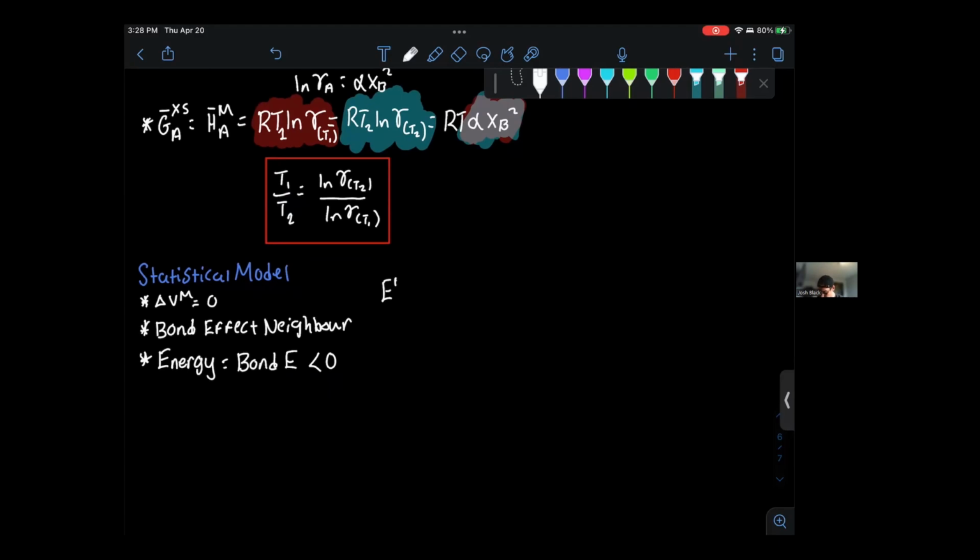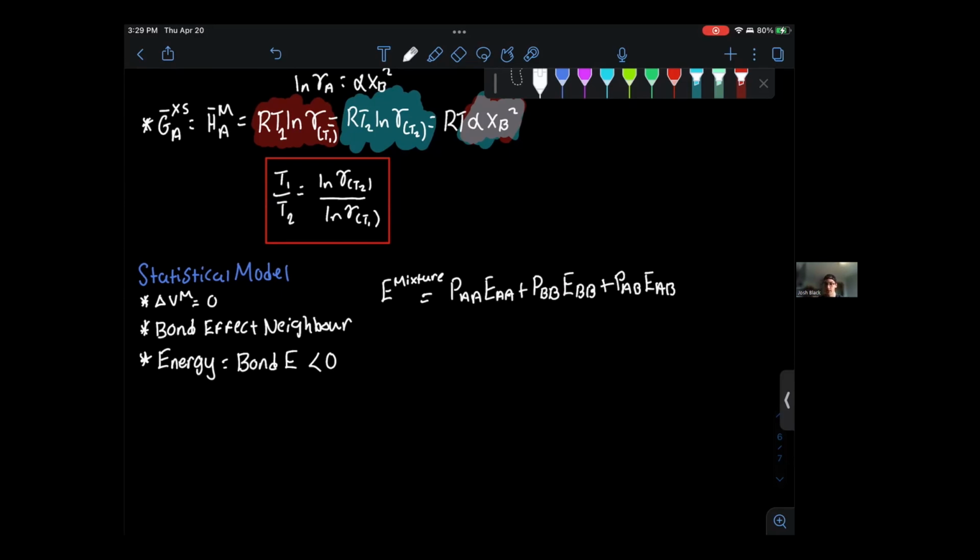The energy of our mixture is going to be equal to the number of AA bonds times the energy of each AA bond plus the number of BB bonds times the energy of each BB bond plus the number of AB bonds times the energy of each AB bond, right? We're having our total energy times the total number of bonds.